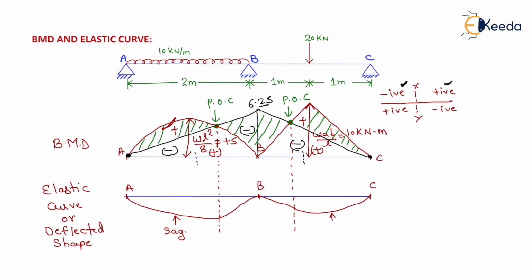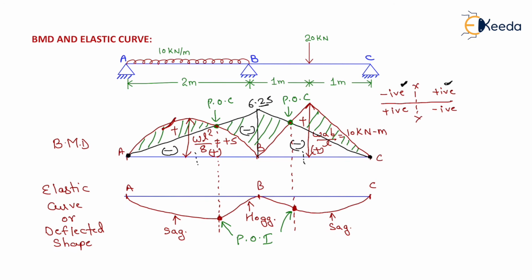Now this is sagging, and this whole portion is hogging. The point where the deflected shape changes its curvature or direction is known as the point of inflection.